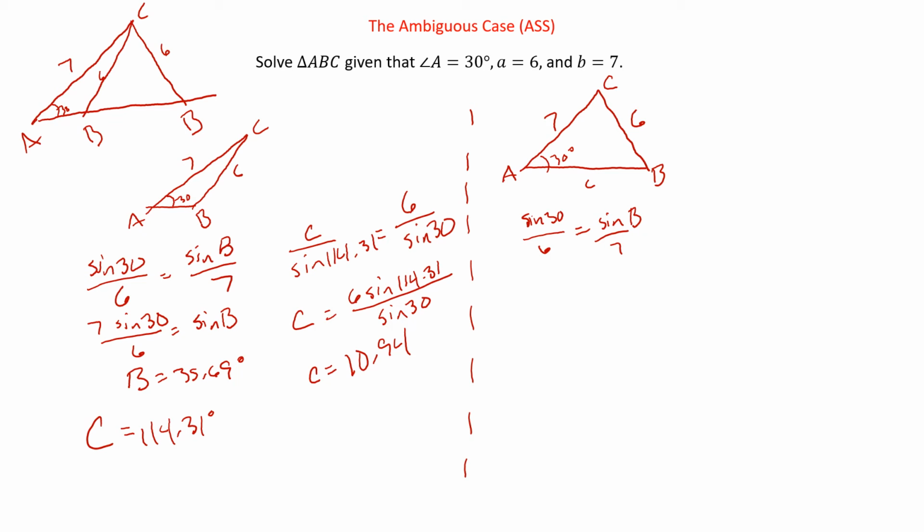Except that we would get it, so the sine, remember, is the y value in the unit circle. It's positive in two different places in that first 180 degrees. So it's positive at the 35.69 degrees that we found, and it's also positive at 180 minus 35.69 degrees.